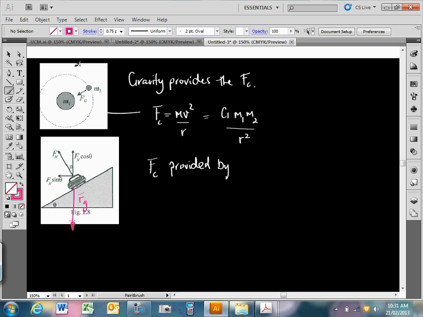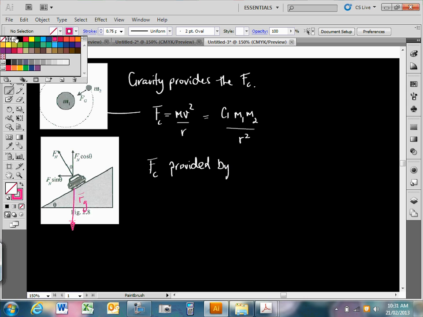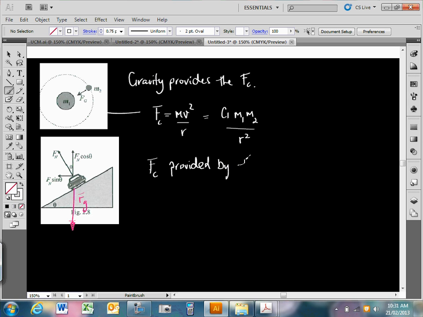So what provides the centripetal force, centripetal acceleration? Provided by the horizontal component of the normal force.